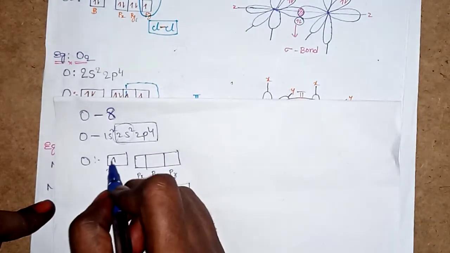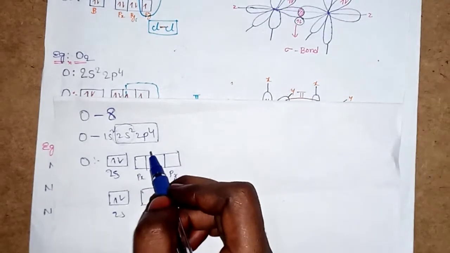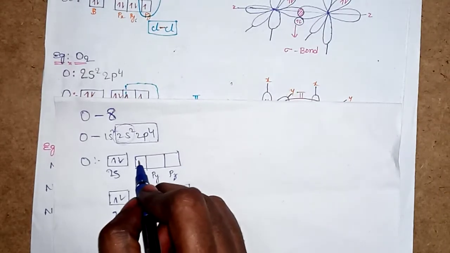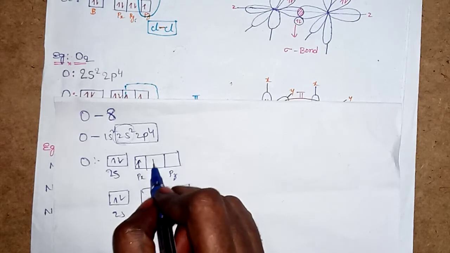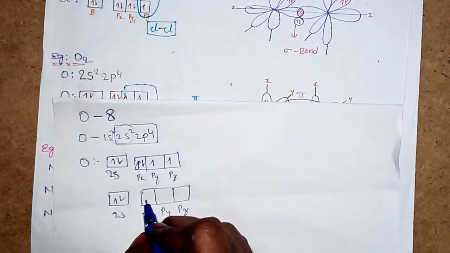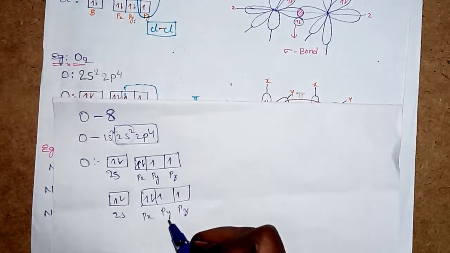Only 2, 1 2. How many electrons are in the p orbitals? 4 only. According to Hund's rule we fill like this, 1 2 3 and 4, and similarly 1 2 3 and 4.